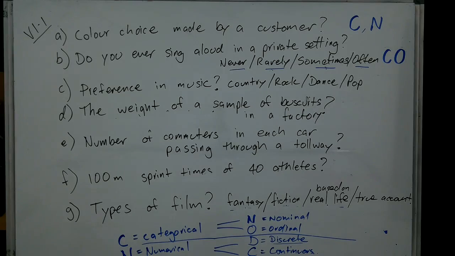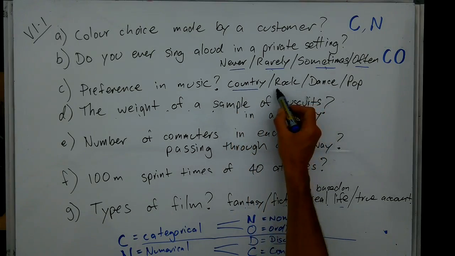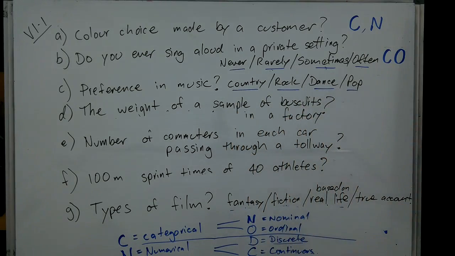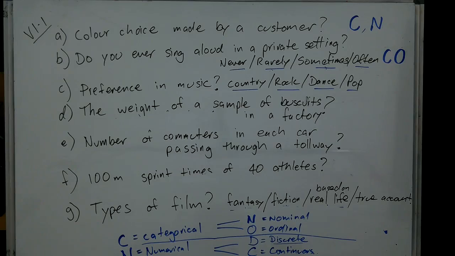Question C. People enrolling in a conference were asked their preference of music for the conference dinner. And they were given the choices of country, rock, dance, or pop. So again, these are categories that each person has the opportunity to choose from.